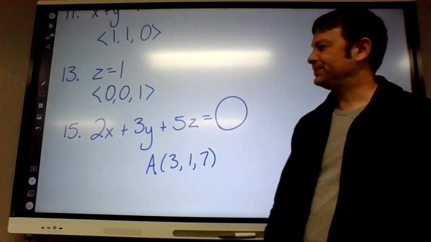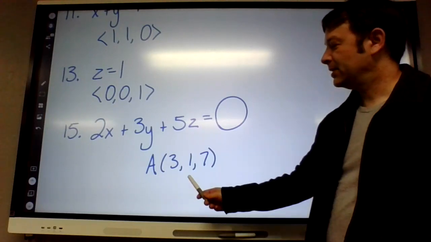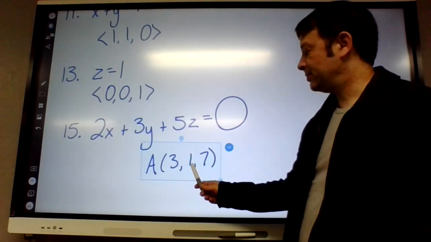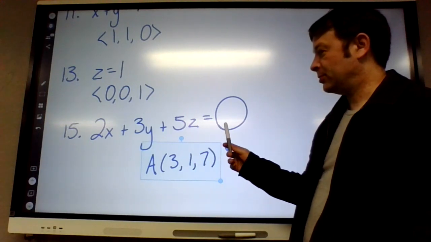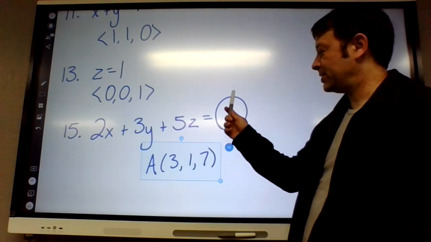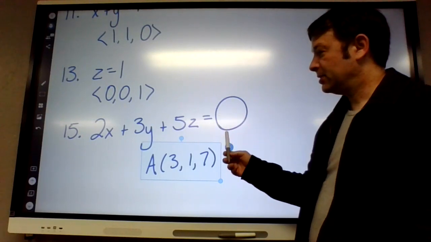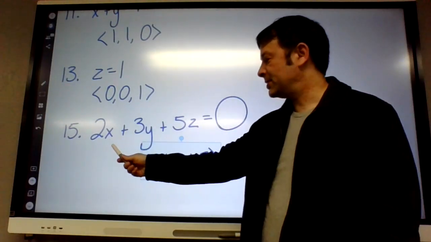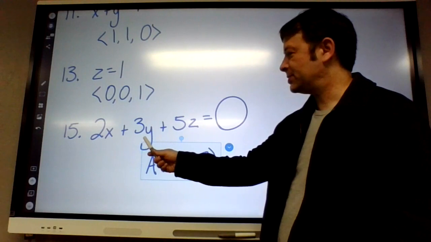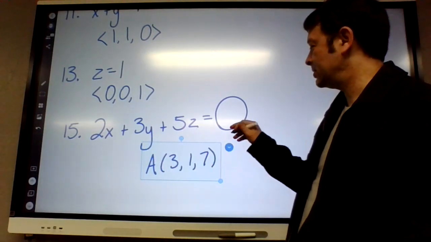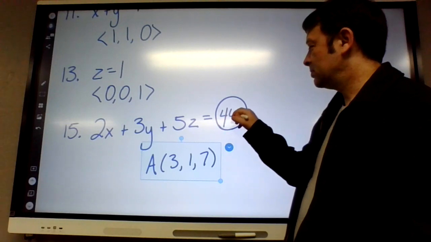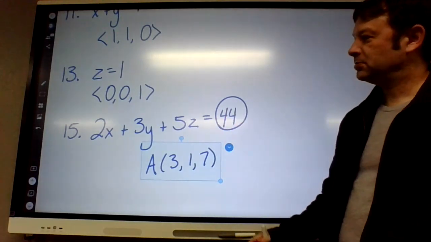So how does that help? You can plug those numbers in. Right. That means if x is 3, y is 1, and z is 7, it should work in this equation. In other words, it should tell us what should go right there. So 2 times 3 is 6, 3 times 1 is 3, 6 plus 3 is 9, 5 times 7 is 35, 35 plus 9. 44.